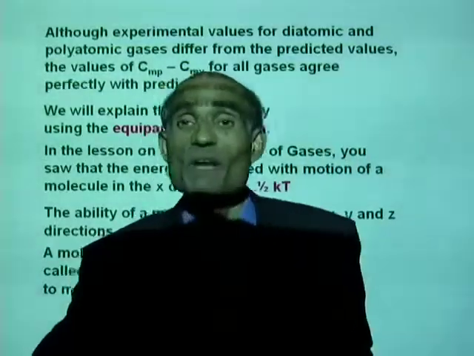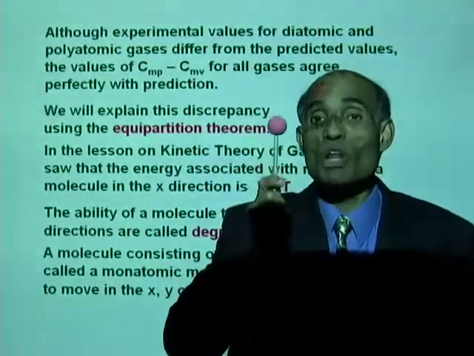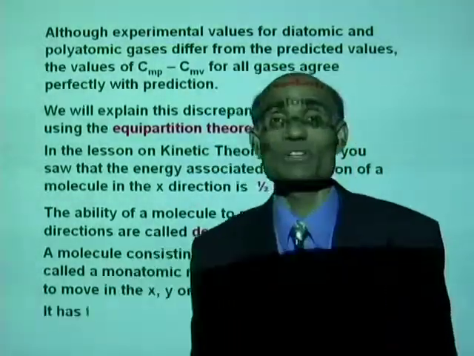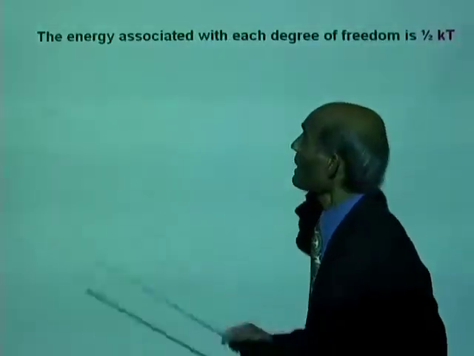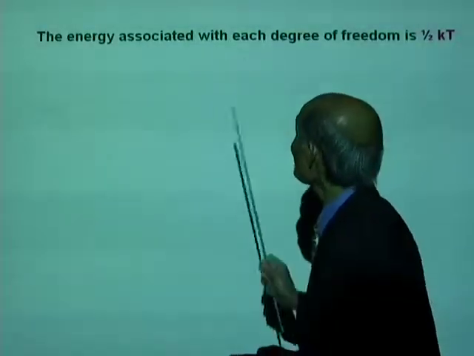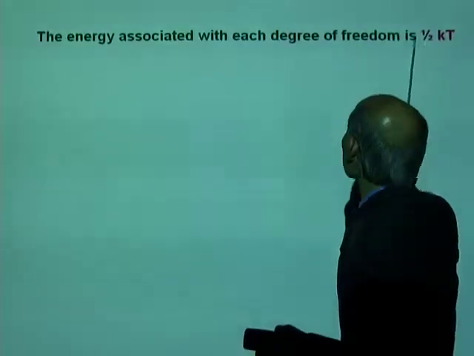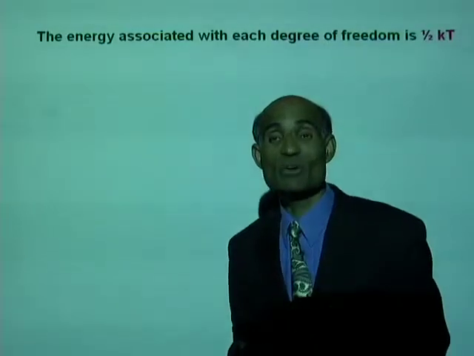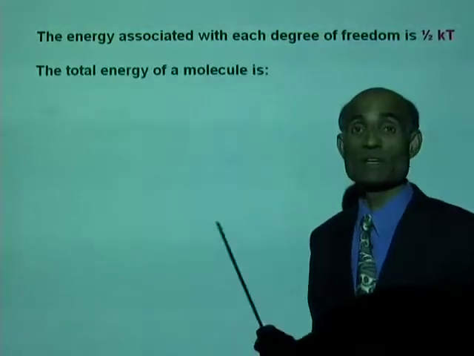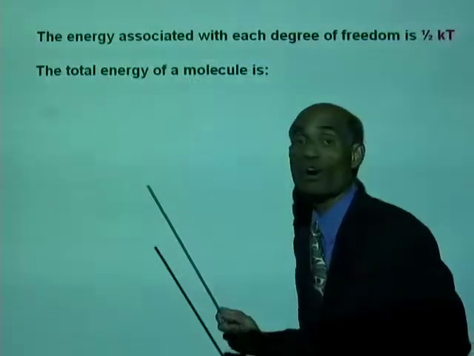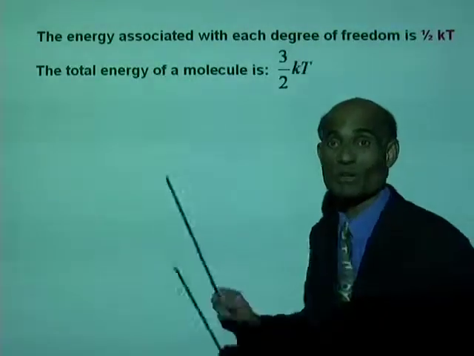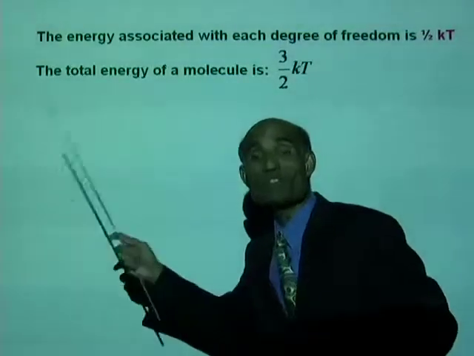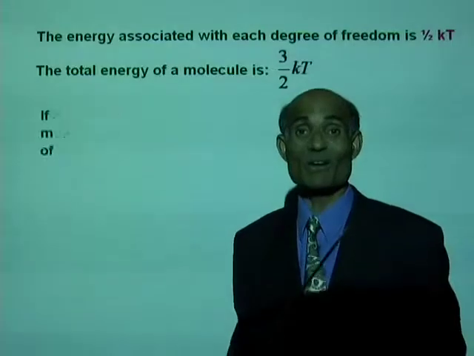In other words, a monatomic molecule has 3 degrees of freedom, X, Y, and Z. The energy associated with each degree of freedom, we obtained in the class on kinetic theory, is 1/2 kT. Therefore, the total energy of a monoatomic molecule is 3/2 kT. And that is what we based our theory on specific heat on.